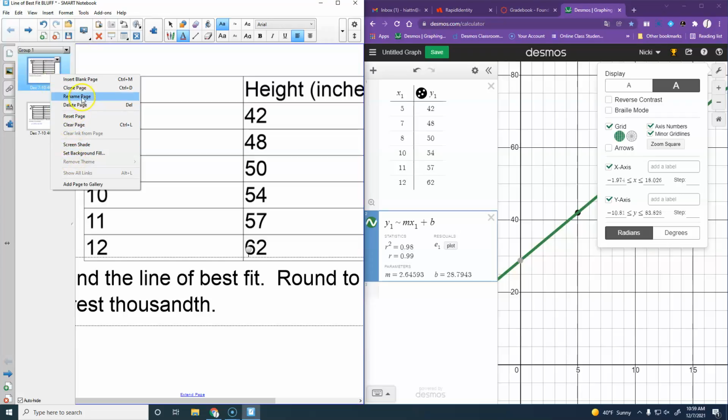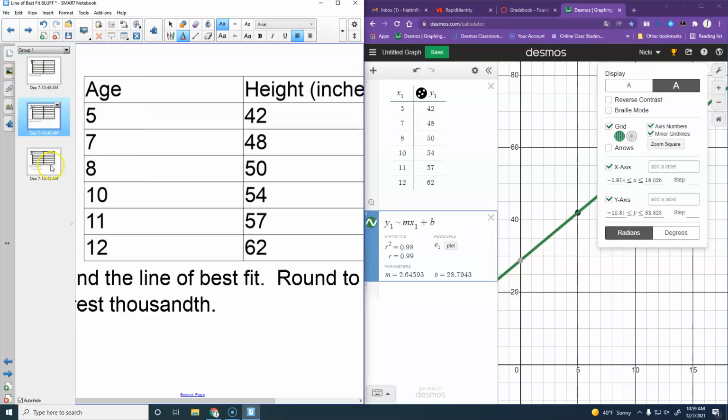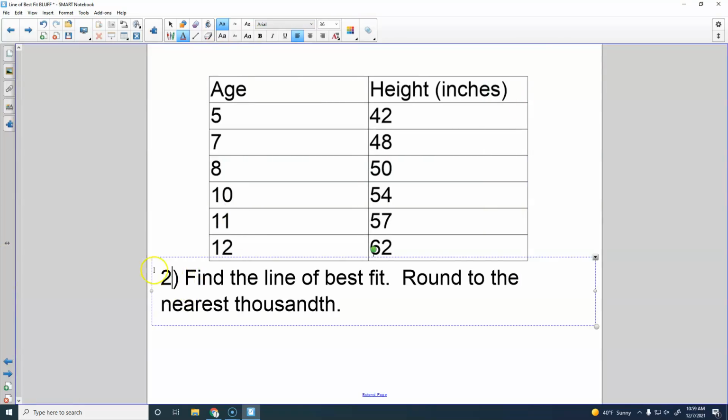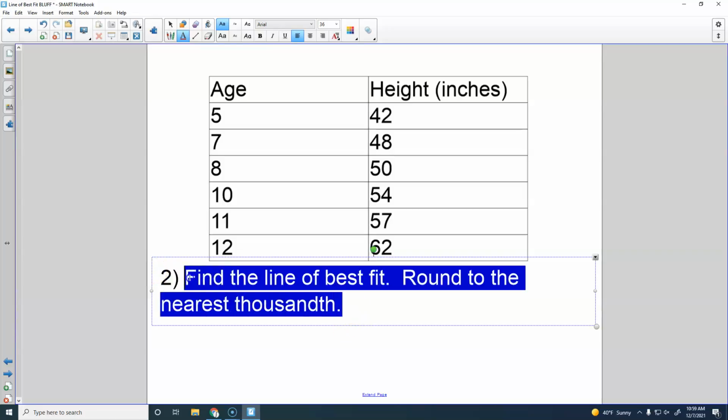So let me okay. All right, so yeah, so leave that in Desmos because it's the same data. All right, this is my second question.